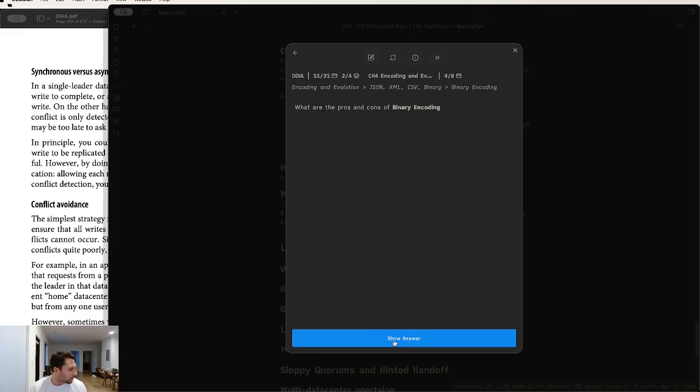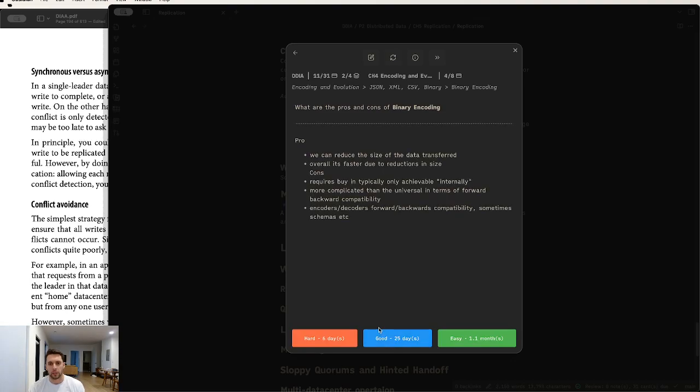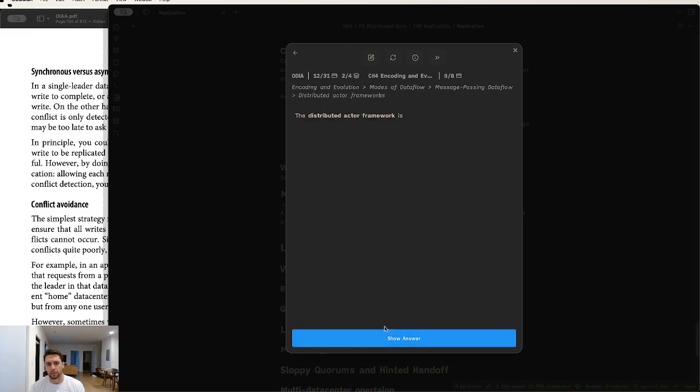The pros and cons of binary encoding are, pros are you can save space, and therefore it's faster. The cons are it's not human readable, more complex, and you have to worry about forward backwards compatibility. Oh, and then you have to get buy-in, yeah.